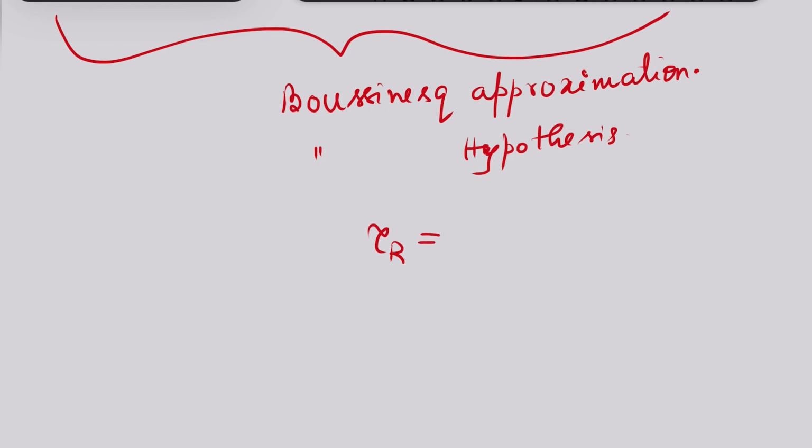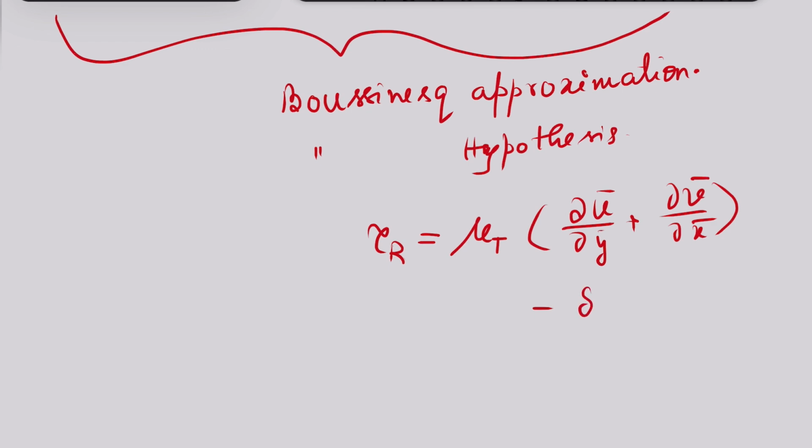There we define something like the turbulent viscosity times du bar by dy, plus another term, minus the Kronecker delta, ij, or I can write xy, times 2 by 3 times the turbulent kinetic energy, kT.